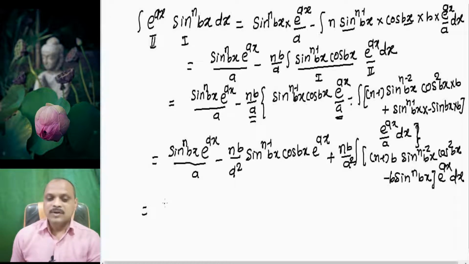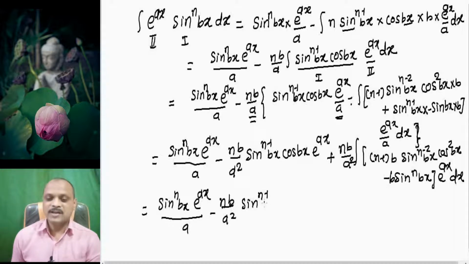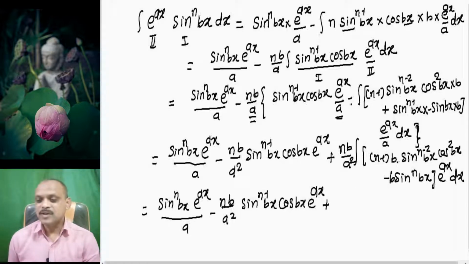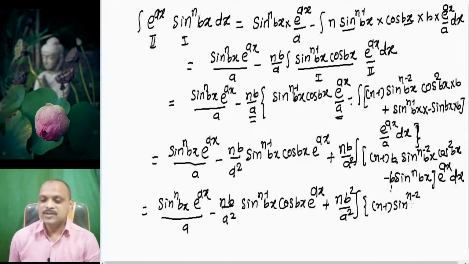Here equal to sin raised to n bx e raised to ax divided by a minus nb divided by a square sin raised to n minus 1 bx cos bx e raised to ax plus, let us see here, we have this n minus 1 into b and this b, both terms contain b, therefore we take this b common and outside the integration term, then n into b square divided by a square integration of n minus 1 sin raised to n minus 2 bx.